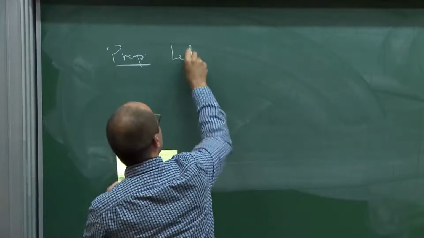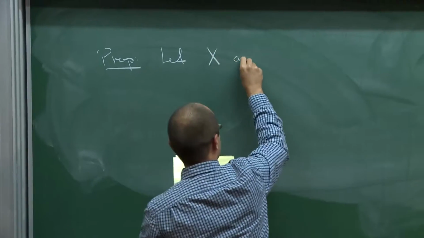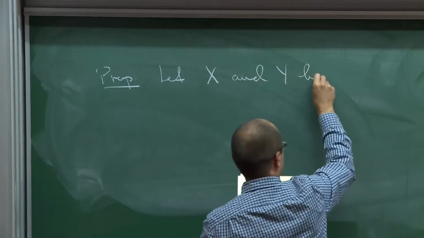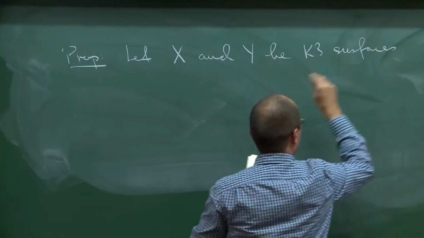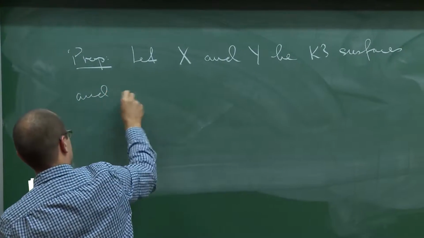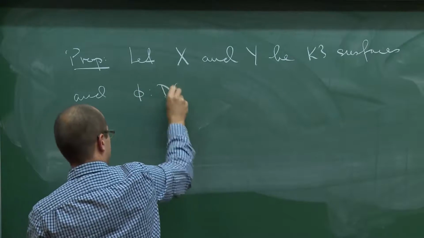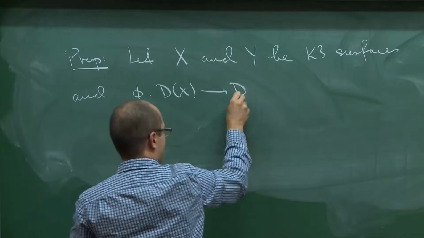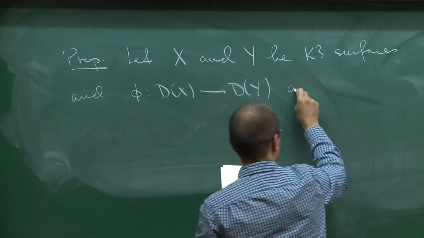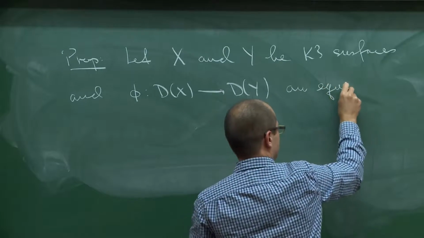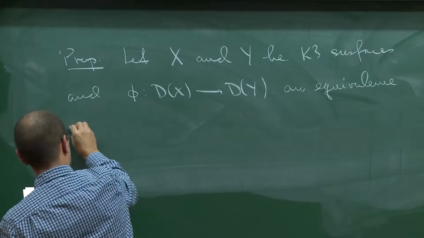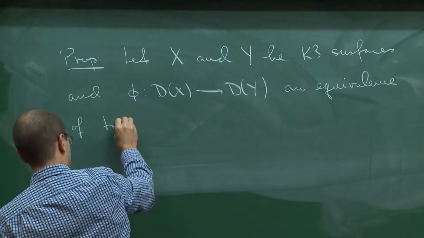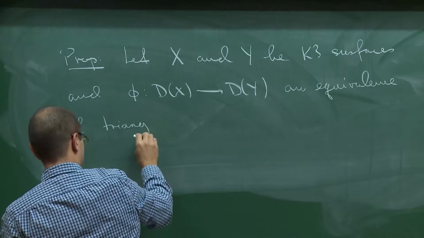So let's suppose I have two K3 surfaces, and Phi from D of X to D of Y, an equivalence of triangulated categories, of derived categories.